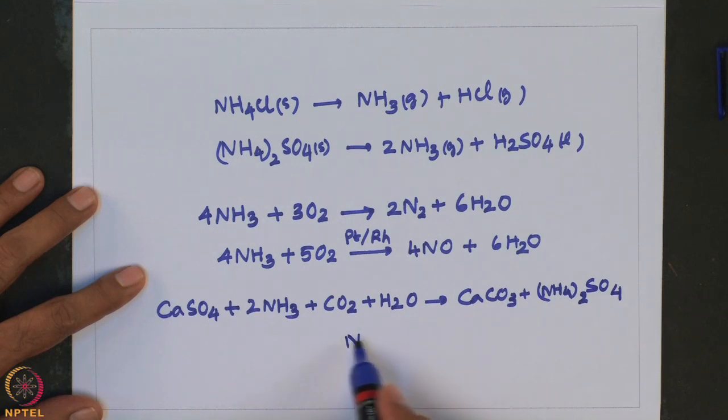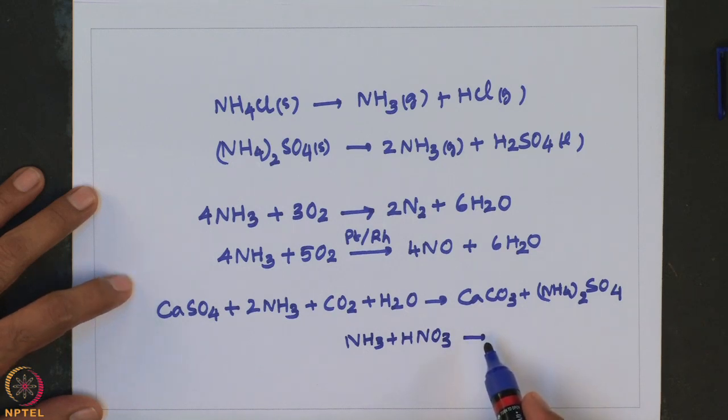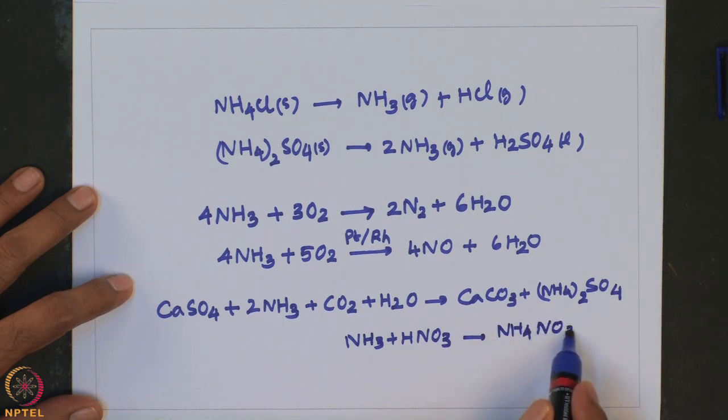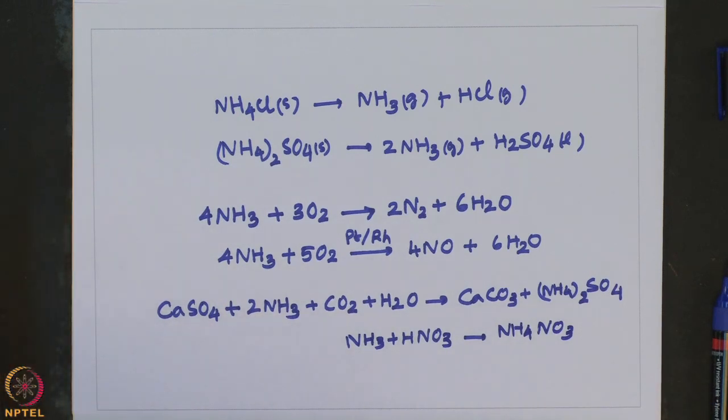Of course, NH3 combines with HNO3 to form NH4NO3. So, ammonium sulfate and ammonium hydrogen phosphate are also used as fertilizers, because phosphate is essentially a plant nutrient. Ammonium perchlorate is used as the oxidizing agent in solid fuel rocket propellants.